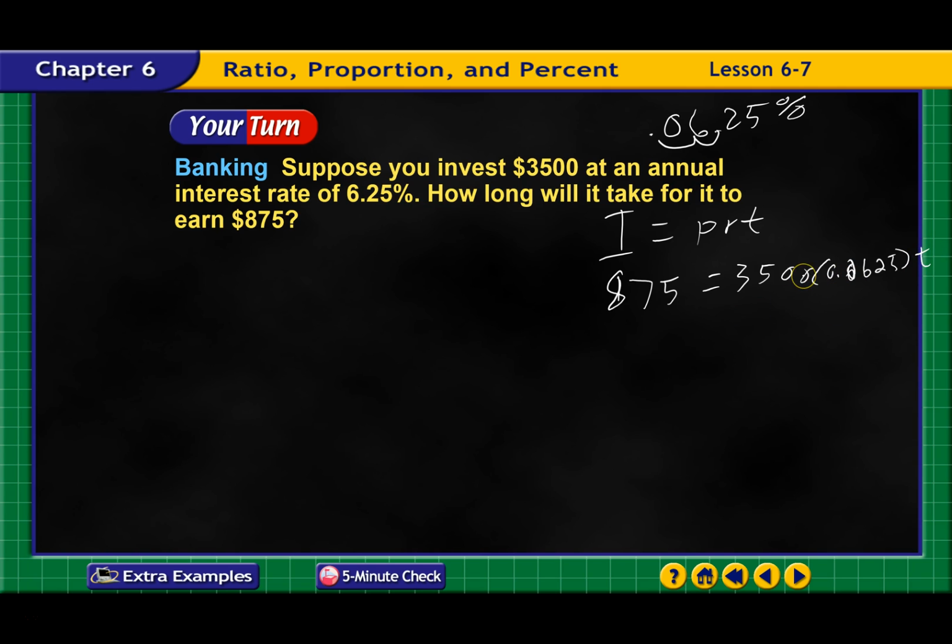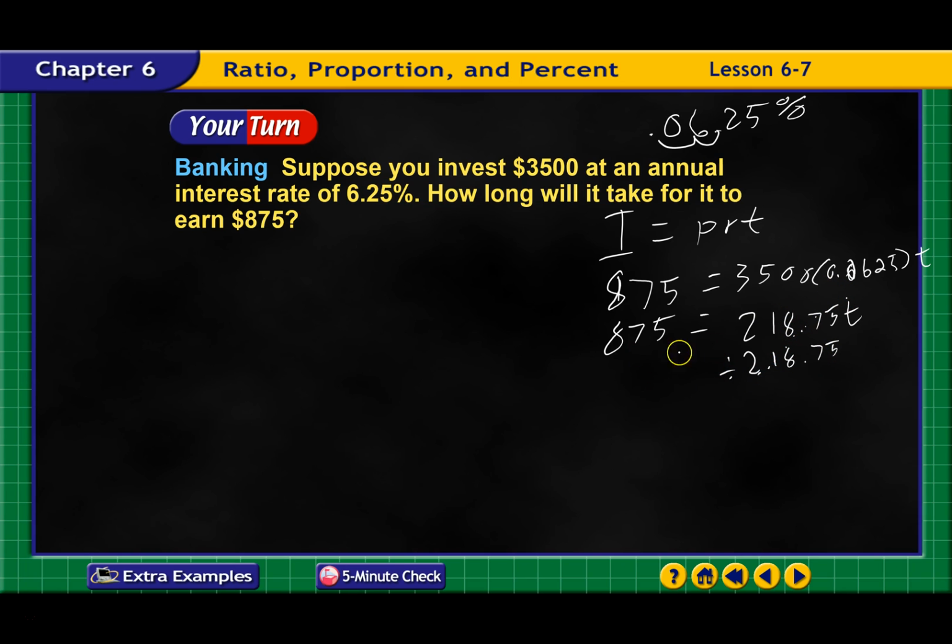All right, so let's multiply those together. So let's clear my calculator, 3,500 times 0.0625 gives me 218.75 t. And bring everything down, show all your work. Divide by 218.75.